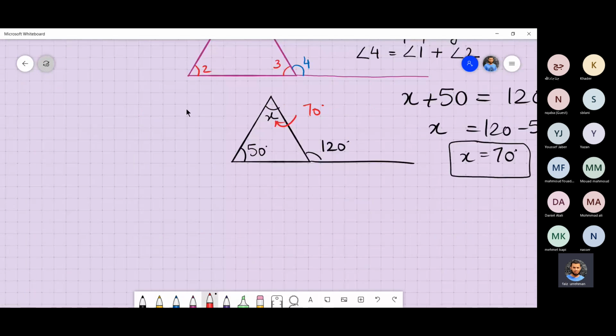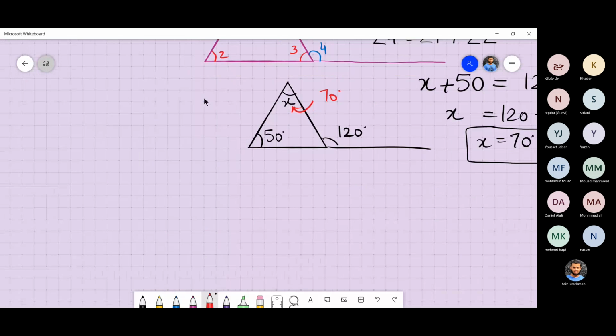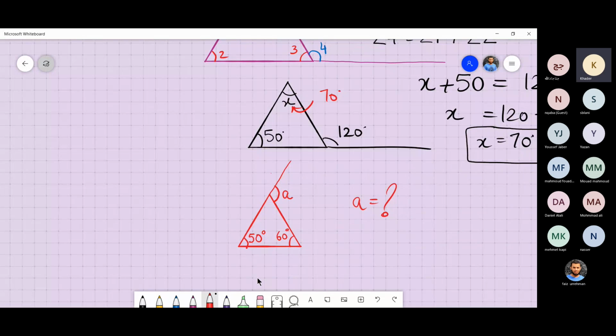Let me bring one more example. Now something like this. So A will be how much? 110.